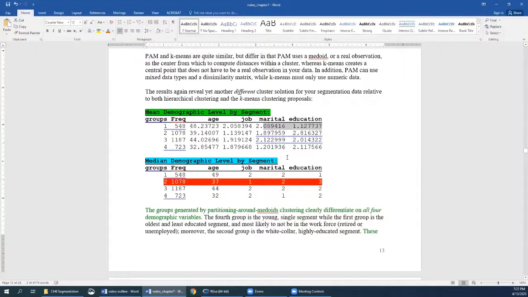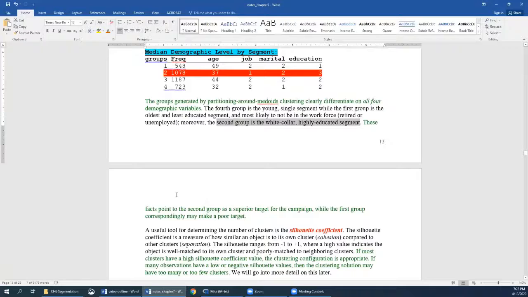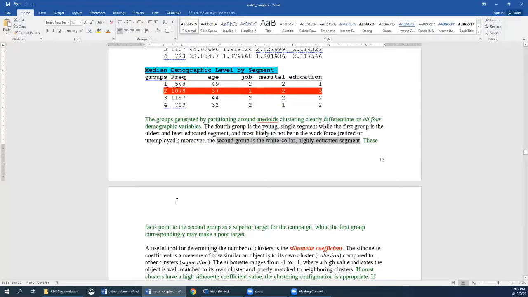Here education seems to vary more across groups than for k-means. Group 1 has a low education level, and group 2 has a high education level. The second group is white collar, highly educated. So these facts point to the proposal that the second group is the superior group to target for a campaign, and the first group might be a bad target.